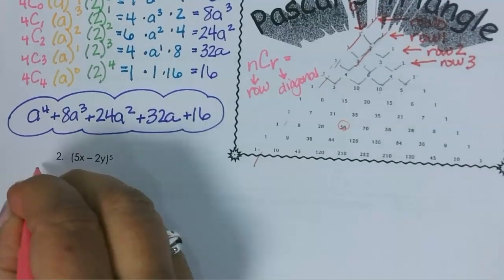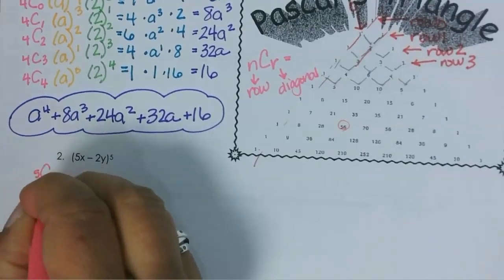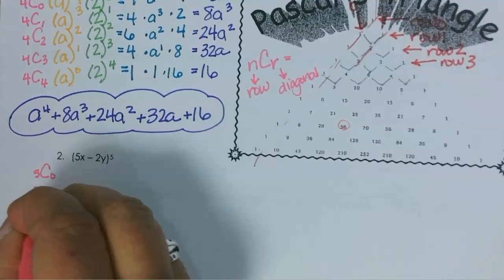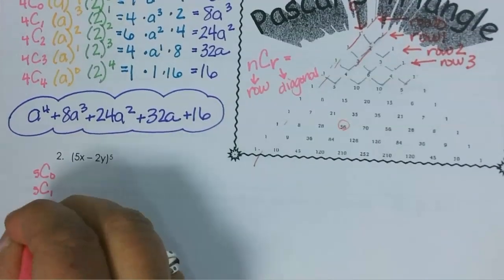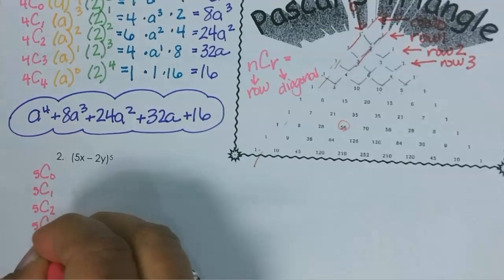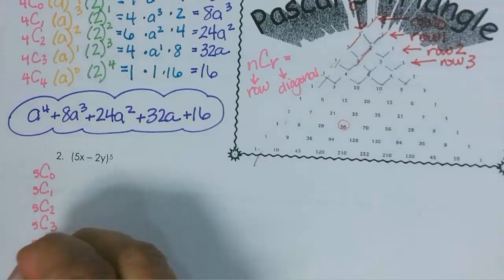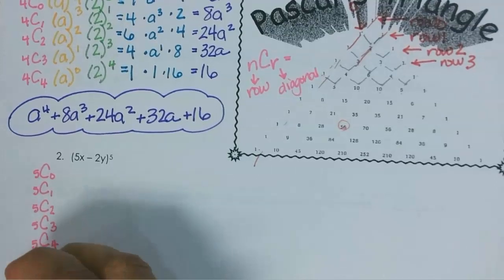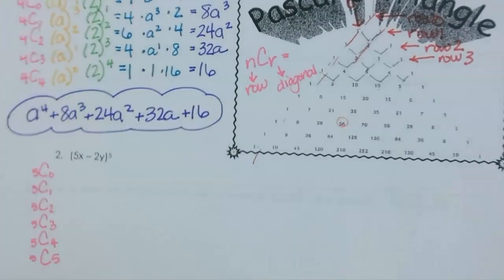So we would have 5c0, 5c1, 5c2, 5c3, 5c4, 5c5.